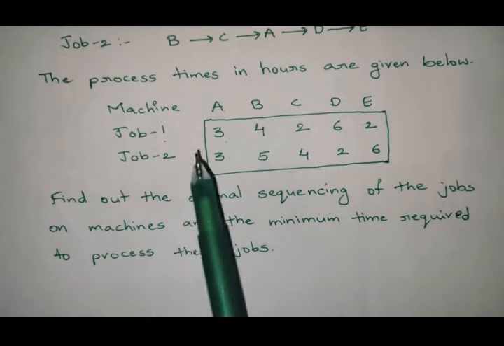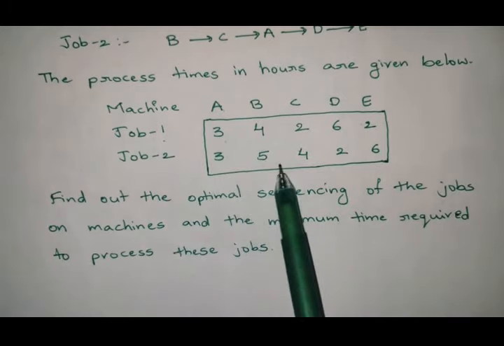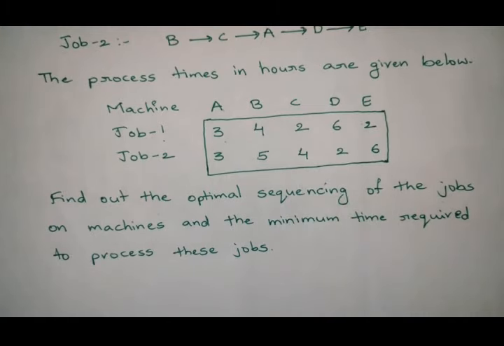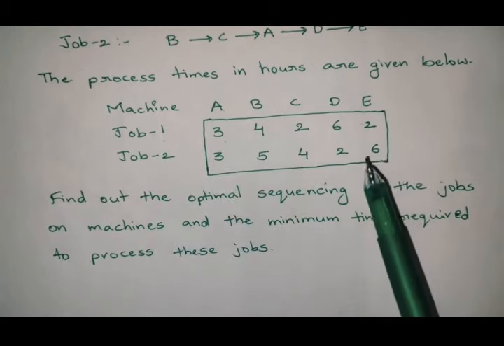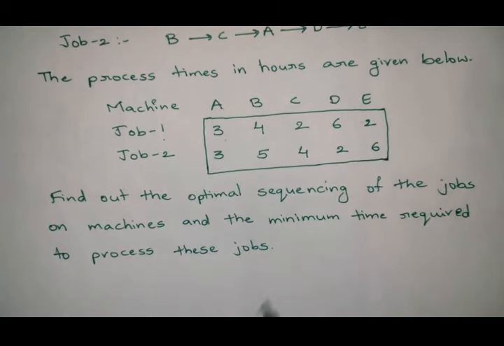For job 2 similarly, 3 plus 5 plus 4 plus 2 plus 6, and it is 20. So for job 1 it is 17 hours without any idle time, and for job 2 it is 20 hours.